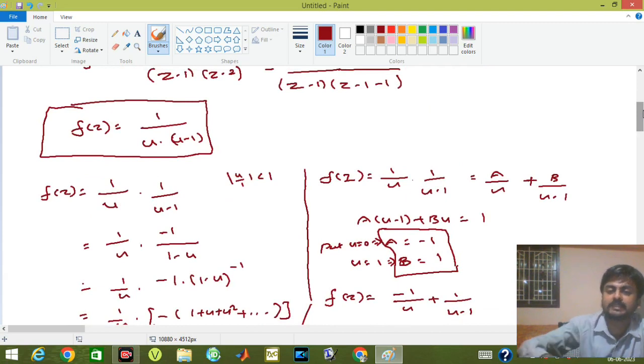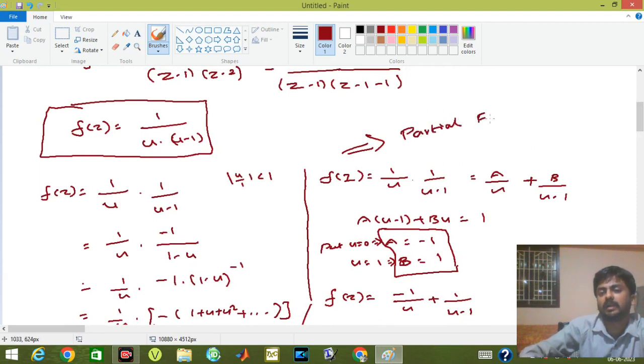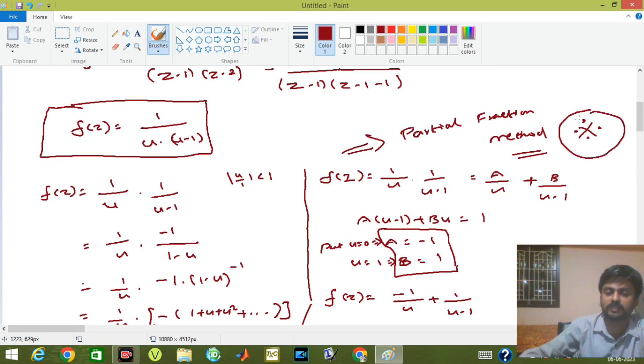My preference is always going with this method, the partial fraction method. Always prefer this. This method is very important.